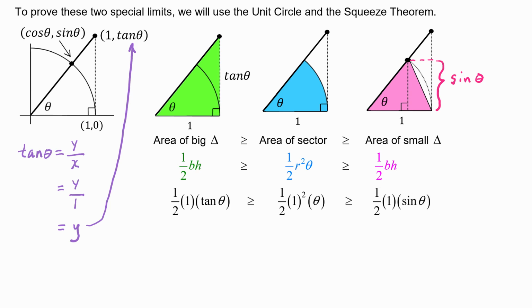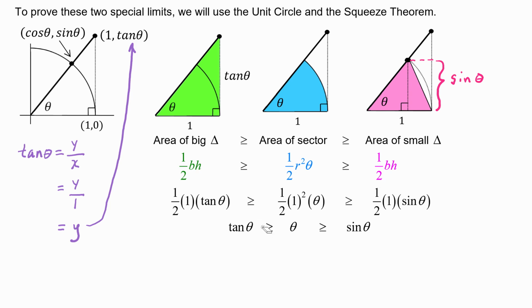Now let's start to simplify. We notice that all of the terms in this inequality have a 1/2, so let's multiply everything by 2. Then this first term becomes tangent theta. The middle term is theta, and the right-hand term is sine theta. Now let's divide each of those three by sine of theta.